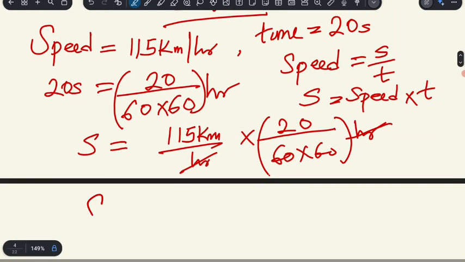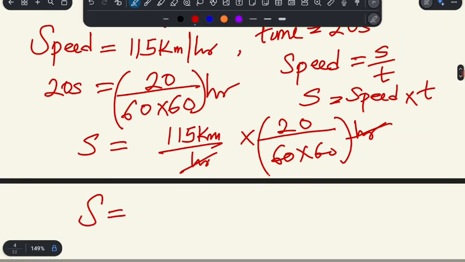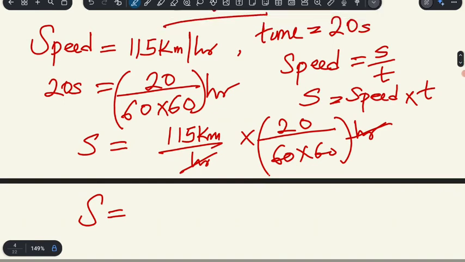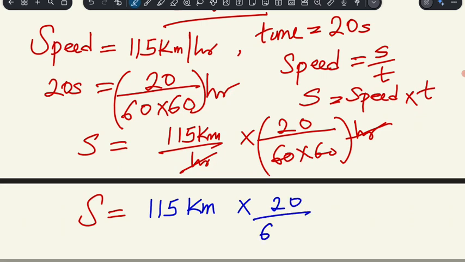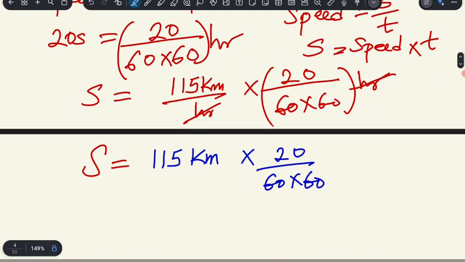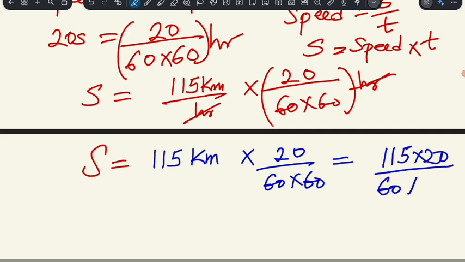So our speed will be 115 kilometers multiplied by 20 over 60 times 60, which gives us 115 times 20 over 60 times 60.